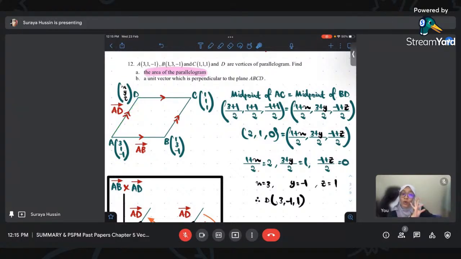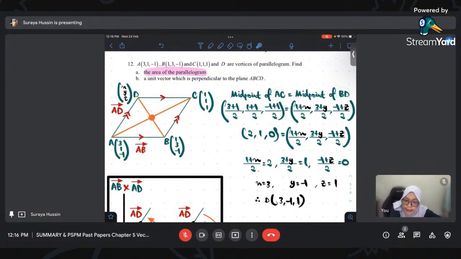So we have to find D first. How do I find coordinate D? It's just very easy. You kena faham satu benda tentang parallelogram, iaitu tentang midpoint. Midpoint of AC is equal to midpoint of BD.